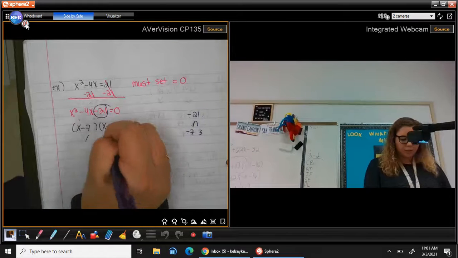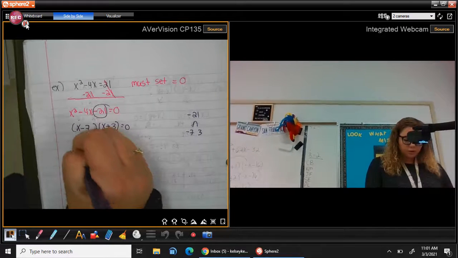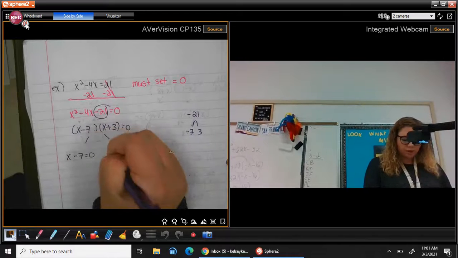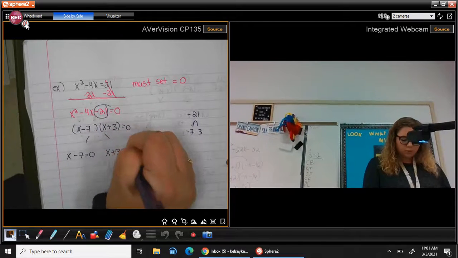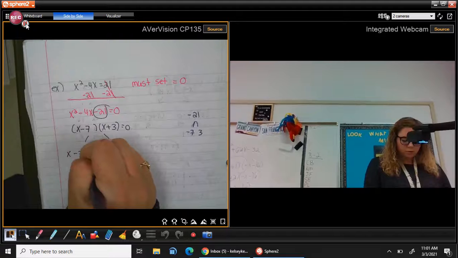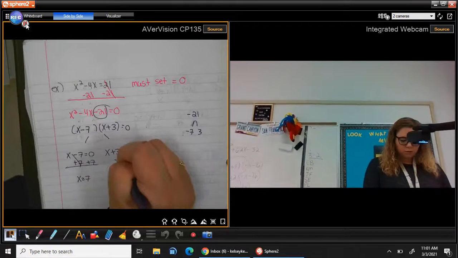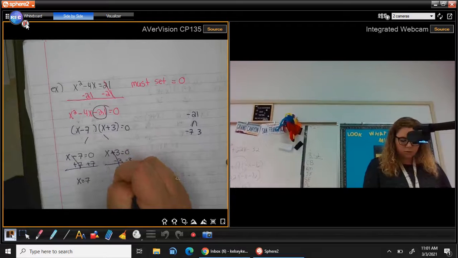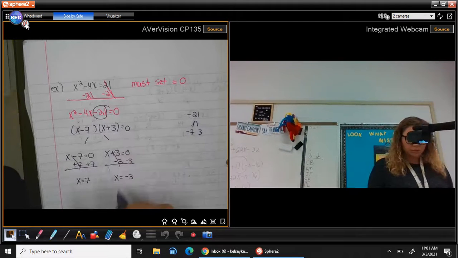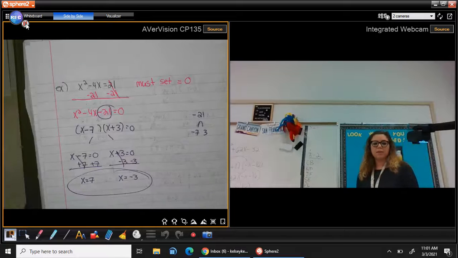Set each one equal to 0 and solve for x. So x is going to be 7 and x is going to be negative 3.